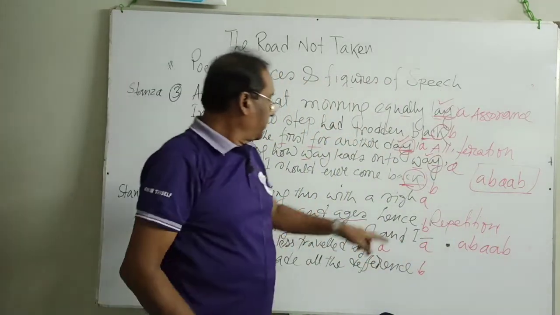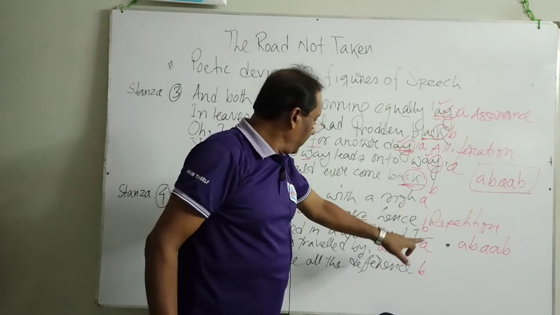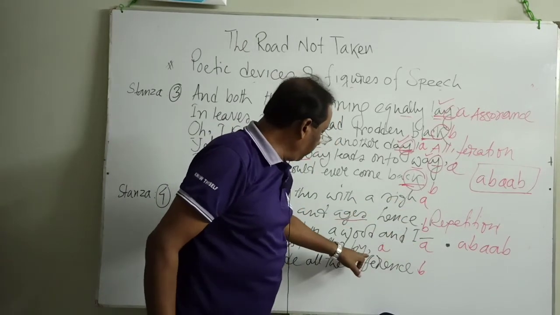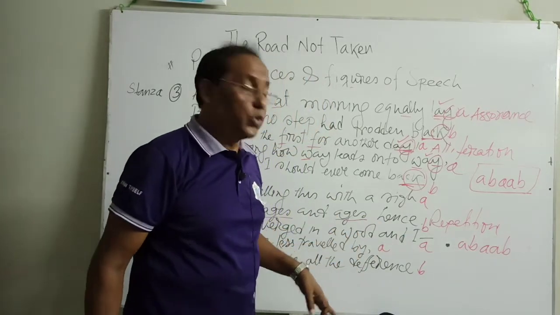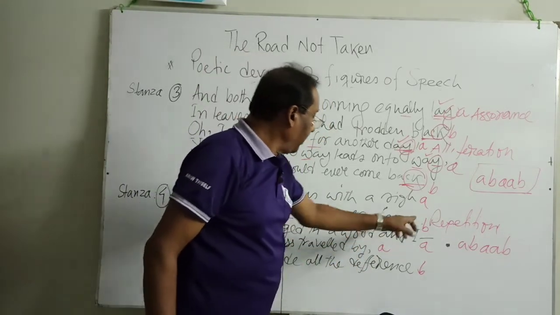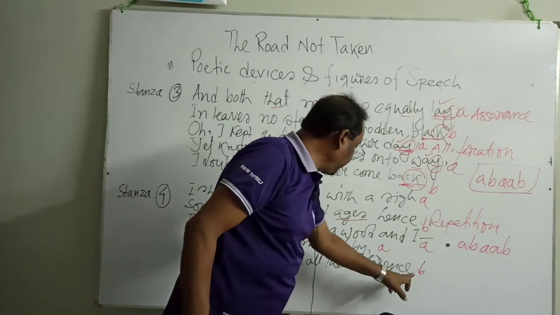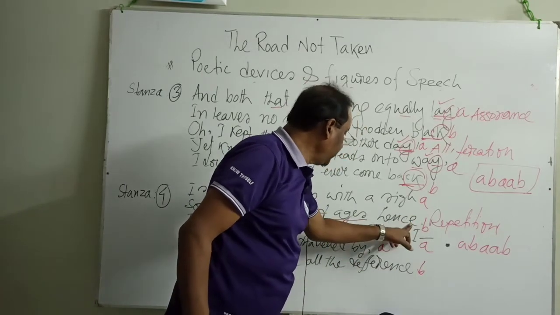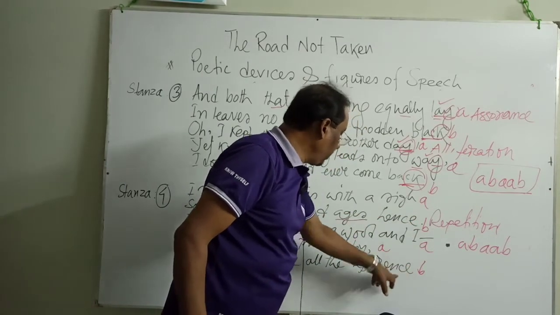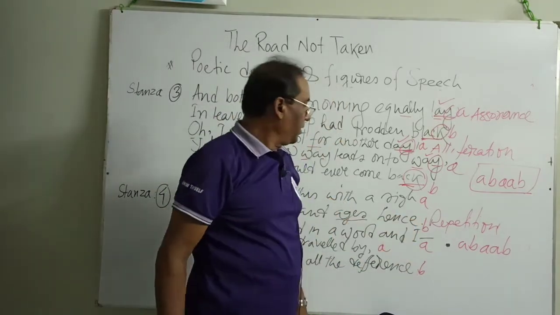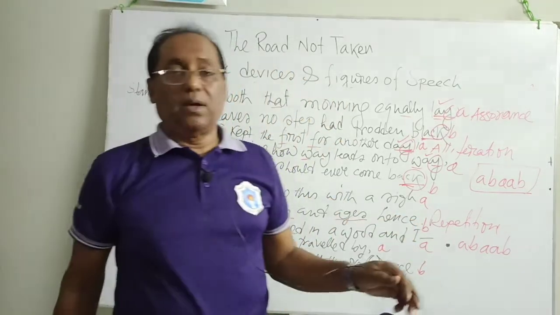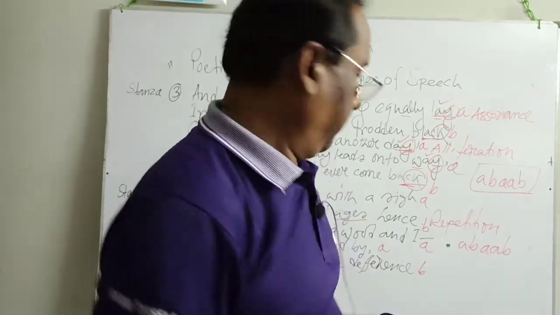That is sigh, I and by. These three are rhymed together. Again, hence and deference. Hence is rhymed with deference. So it is b and b. The rhyme scheme is a, b, a, b.